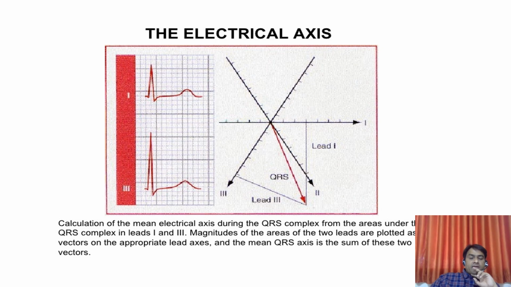On lead 1, mark the RS difference. On lead 3, mark the RS difference. If the RS difference is positive on lead 1, mark on the right side. If negative, mark on the left side. If the RS difference is positive on lead 3, mark below the baseline. If negative, mark above the baseline.